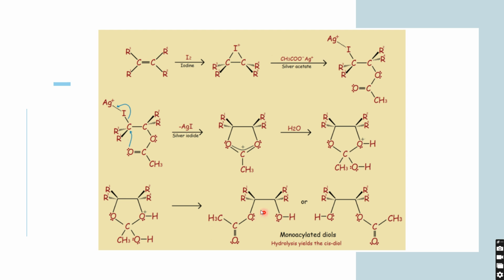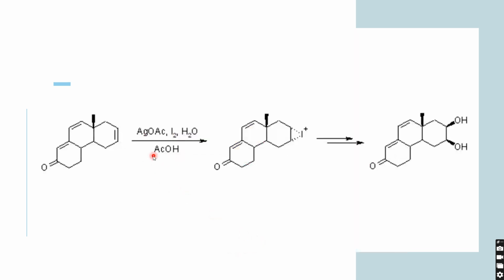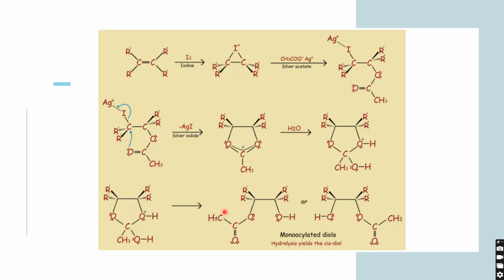After the ring opening, this acetate will undergo hydrolysis, because acetic acid is also present. This acetate ester functionality will undergo acid hydrolysis to give us the diol. It doesn't matter how you open the five-membered ring, because either you get the hydroxyl at this carbon or that carbon. In both cases we get exactly the same product, which is the cis diol.